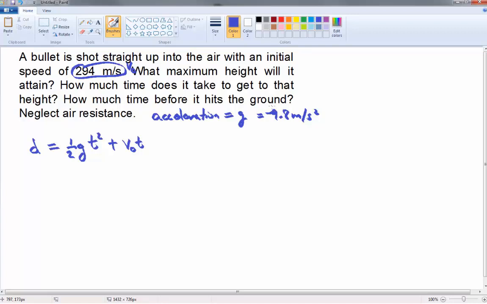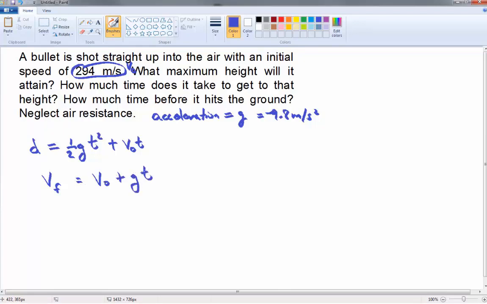And the time is given by basically solving for when the final speed is 0, because the speed at any given time, the final speed, is the initial speed plus the acceleration times time.